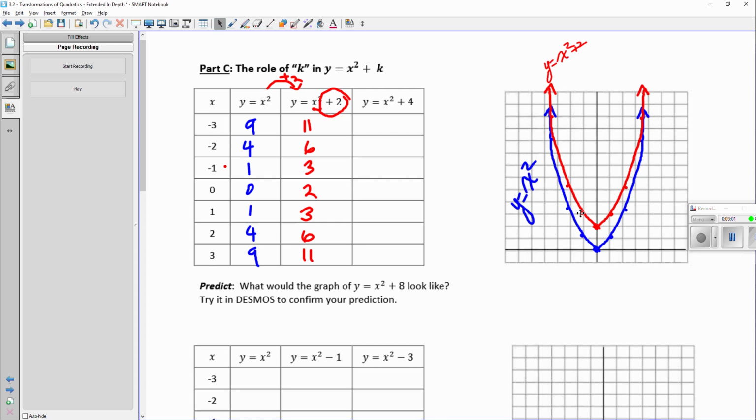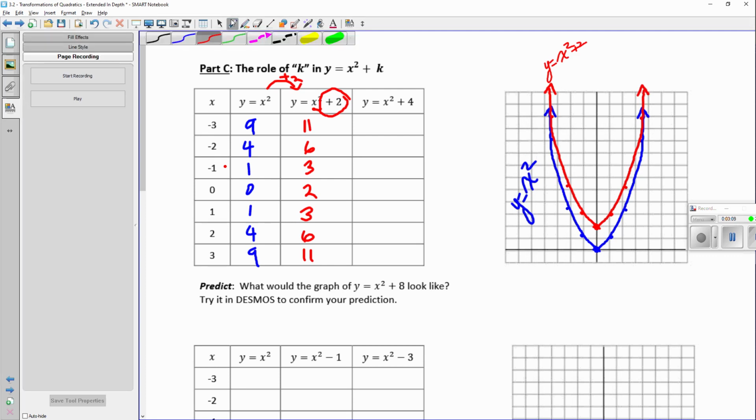So now let's go on to look at the last equation here. The last equation is y equals x squared, and I'm going to use black, x squared plus 4. So think of it this way. We had the first set of values here, we had 9. So we have 9 plus 4, which gives us 13.